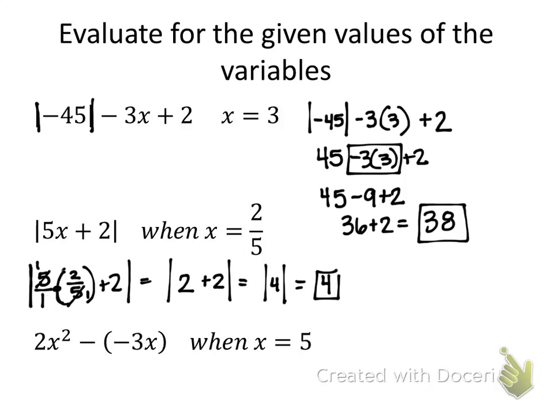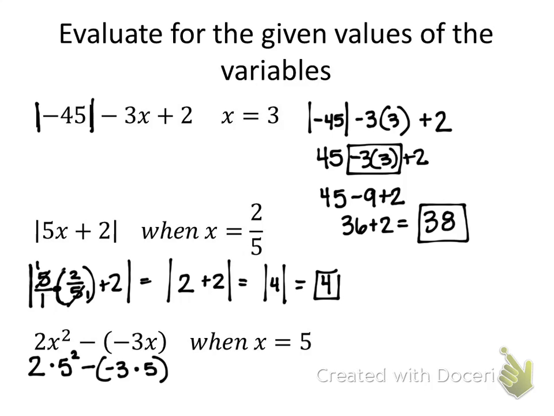Okay, so this next problem here, we're going to plug in 5 for x. All right, so I take 2 times 5 squared minus negative 3 times 5. And I need to work this out exactly just doing order of operations. Okay?